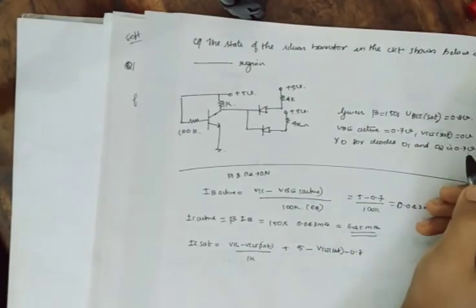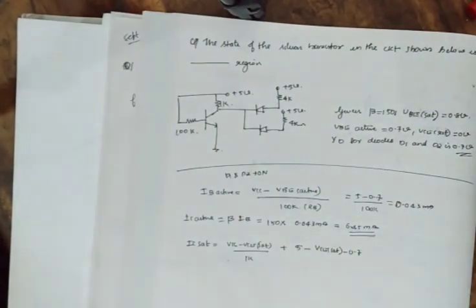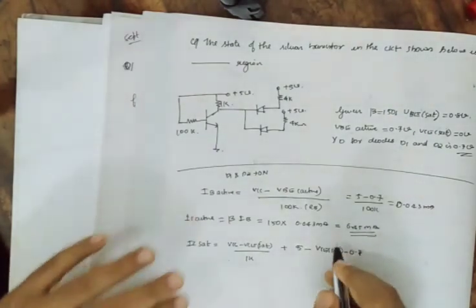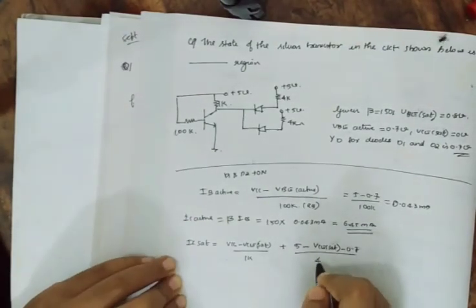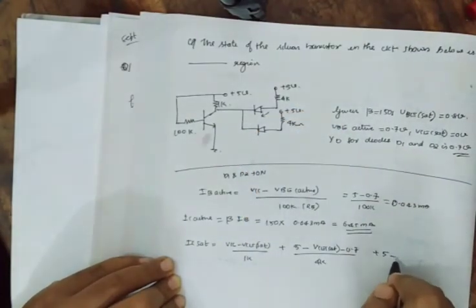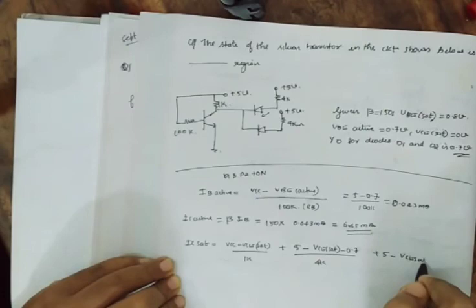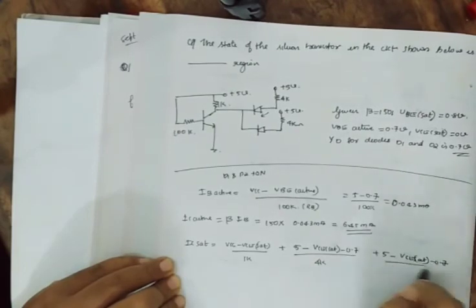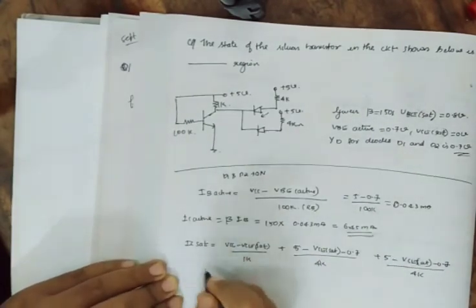the diodes drop, divided by 4K plus again that is 1, and the next one is 1 minus VCE saturation again minus 0.7 divided by 4K.